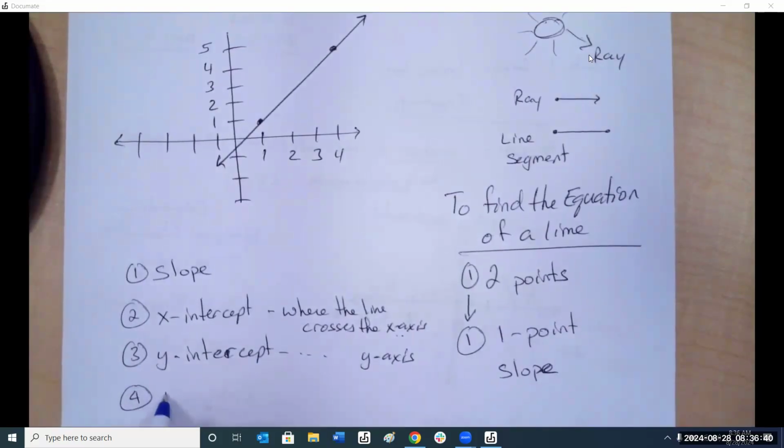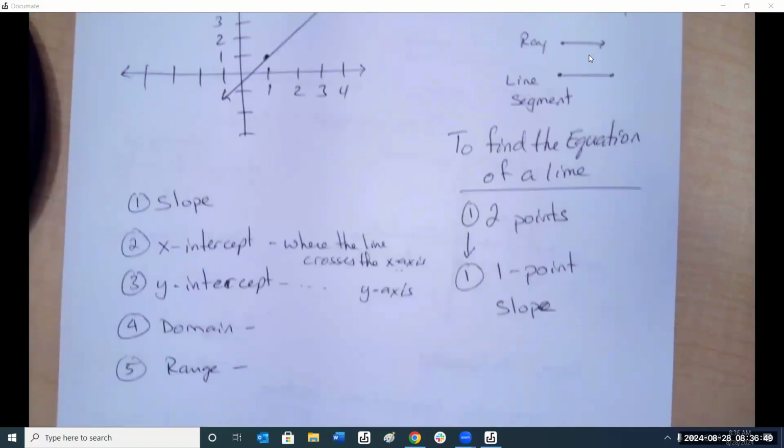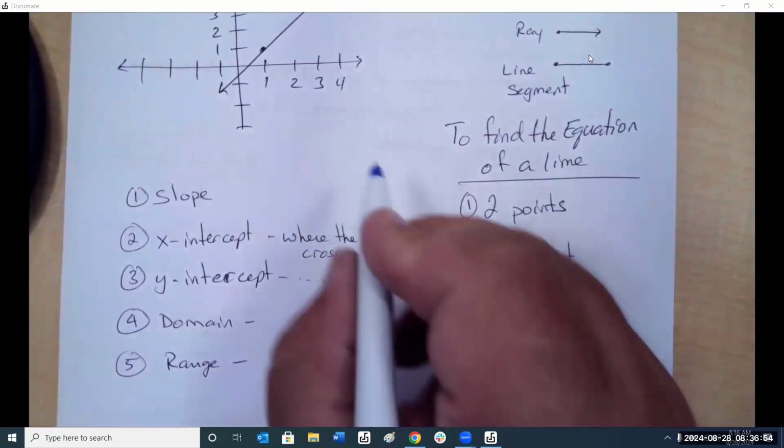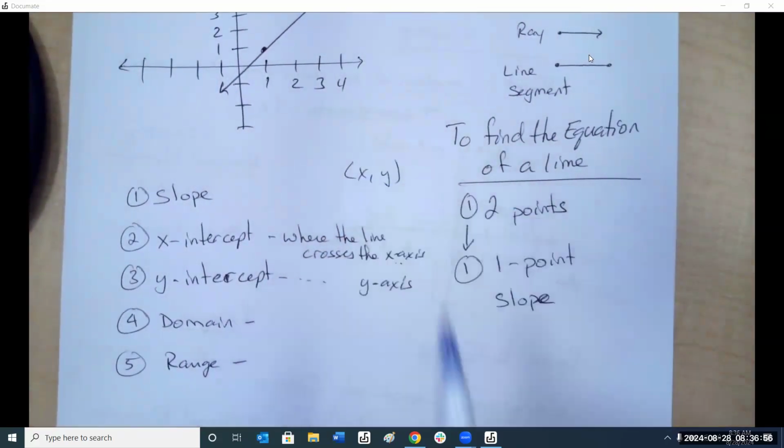Oh, yes. Domain and range. What's the difference? Easiest way to think about it is, you know how our points are labeled X and Y? Same thing with the domain and range.